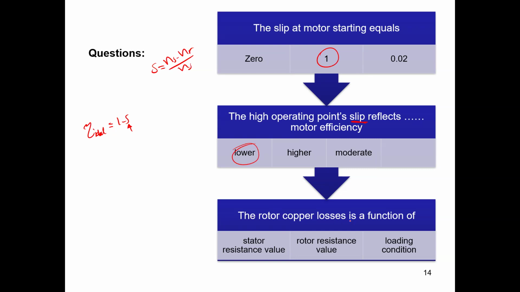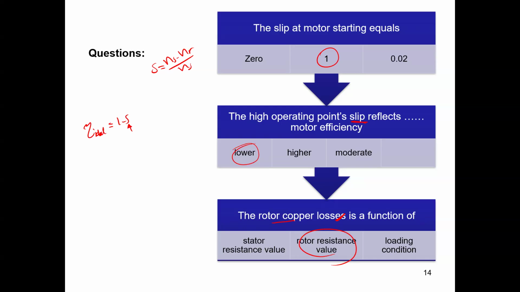The rotor copper loss is a function of stator resistance, rotor resistance, loading condition. Actually, rotor copper loss is I squared R, so it depends only on the rotor resistance. It's not depending on a loading condition.